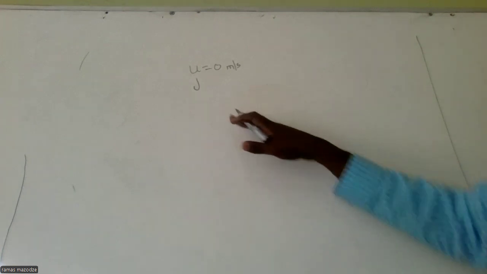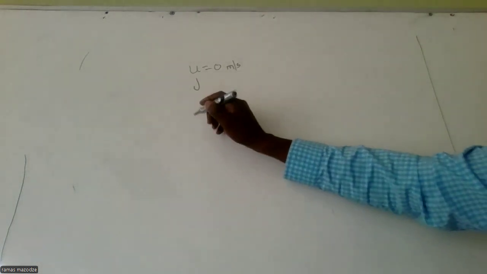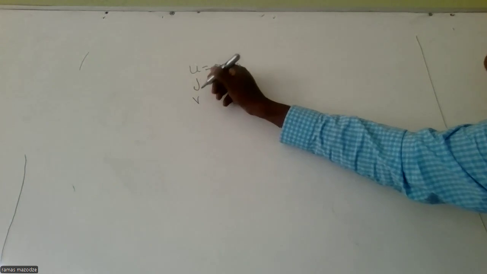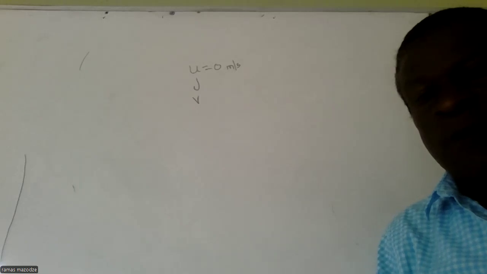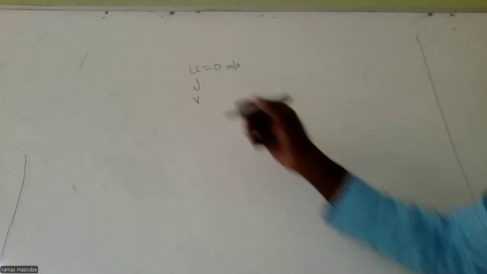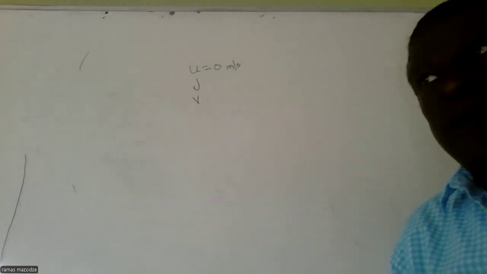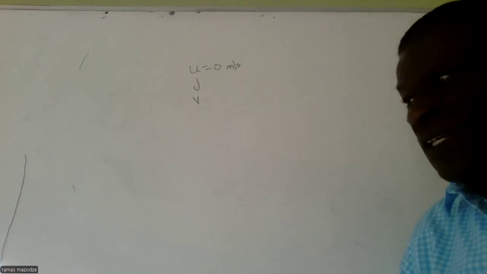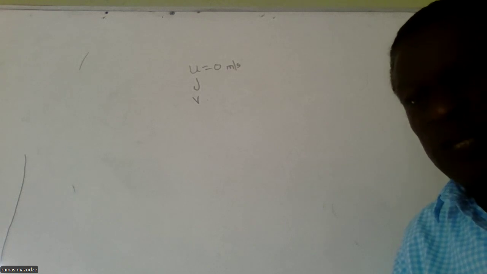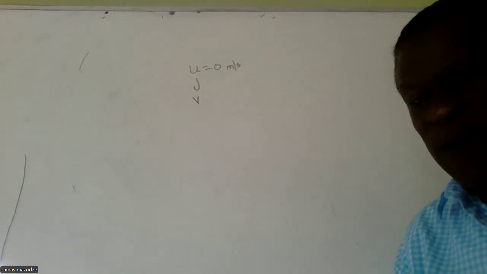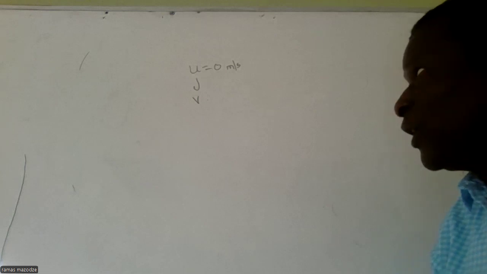So it means the object will achieve some velocity at some time t. Okay, so there will be some velocity there, right? Then the question says, express the change in kinetic energy of the object in terms of J.